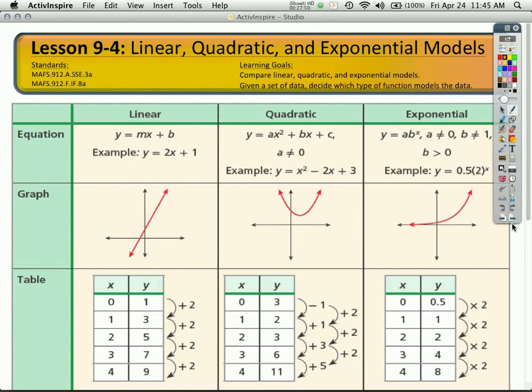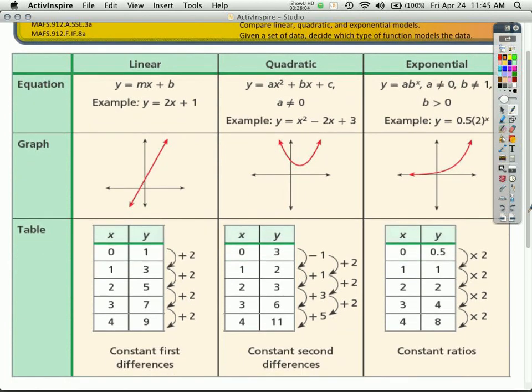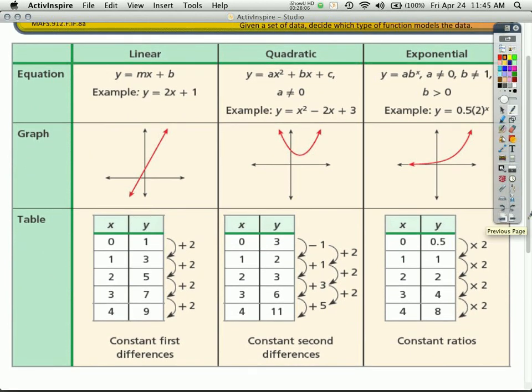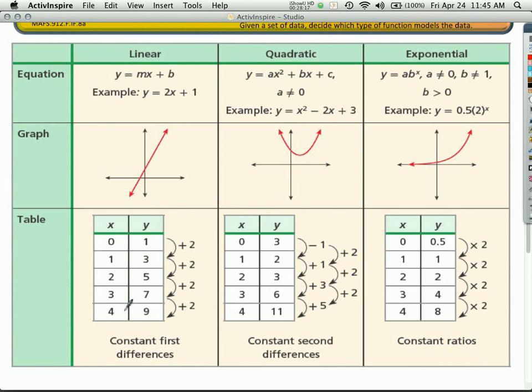This isn't everything you learned over the course of this year, but it's a lot of it. And so what you should be able to do is work from the bottom to the top. That's our goal: to start at the bottom here, have some data, figure out what relationship we see.